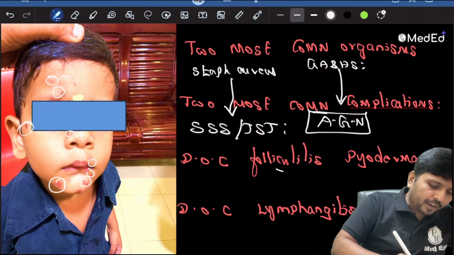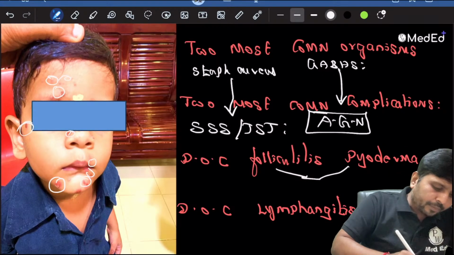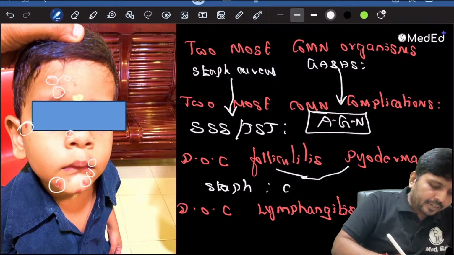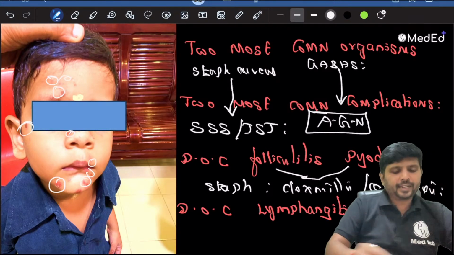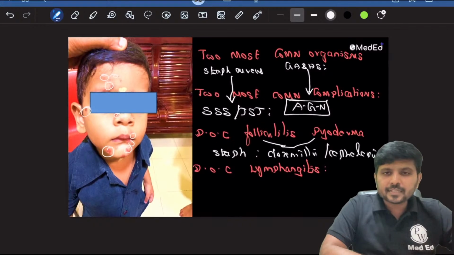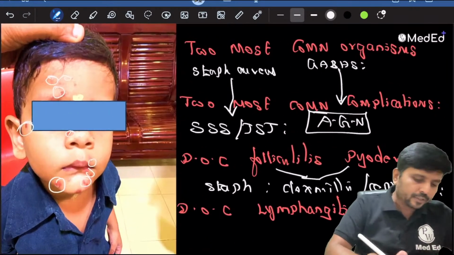If it is folliculitis or pyoderma, it is usually due to Staph aureus, and the drug of choice is cloxacillin or cephalexin. Cloxacillin is active against methicillin sensitive Staphylococcus aureus.